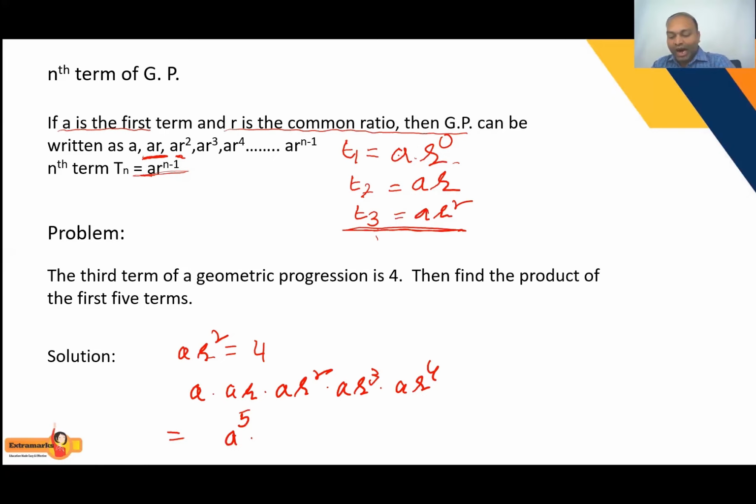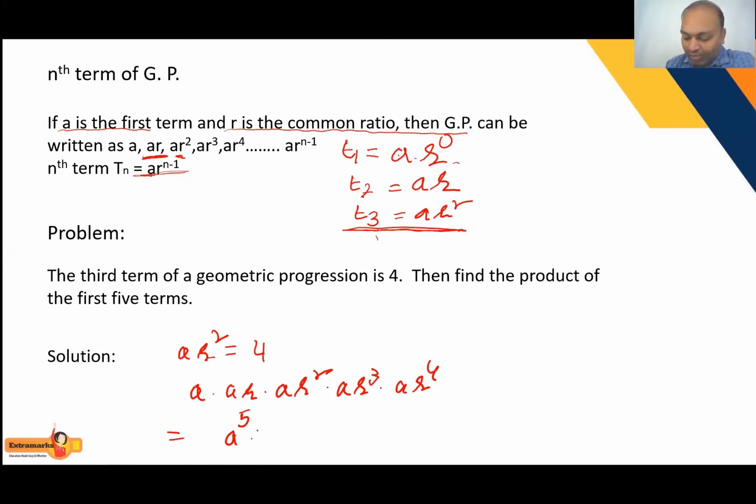Next, r into r square into r cube into r power 4. See here, the bases are the same, so the powers should be added using the formula x power m into x power n is x power m plus n.